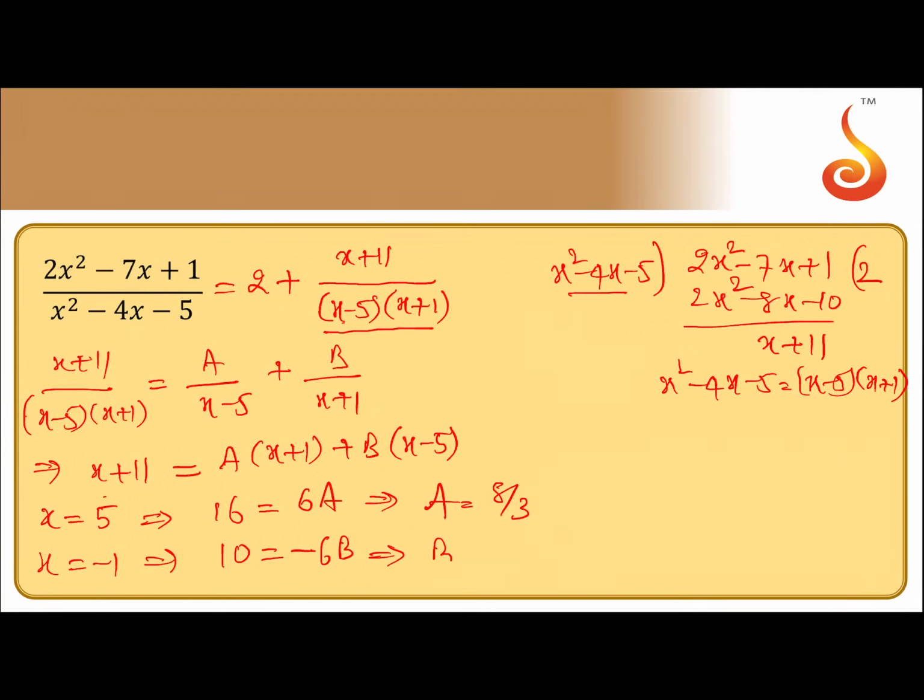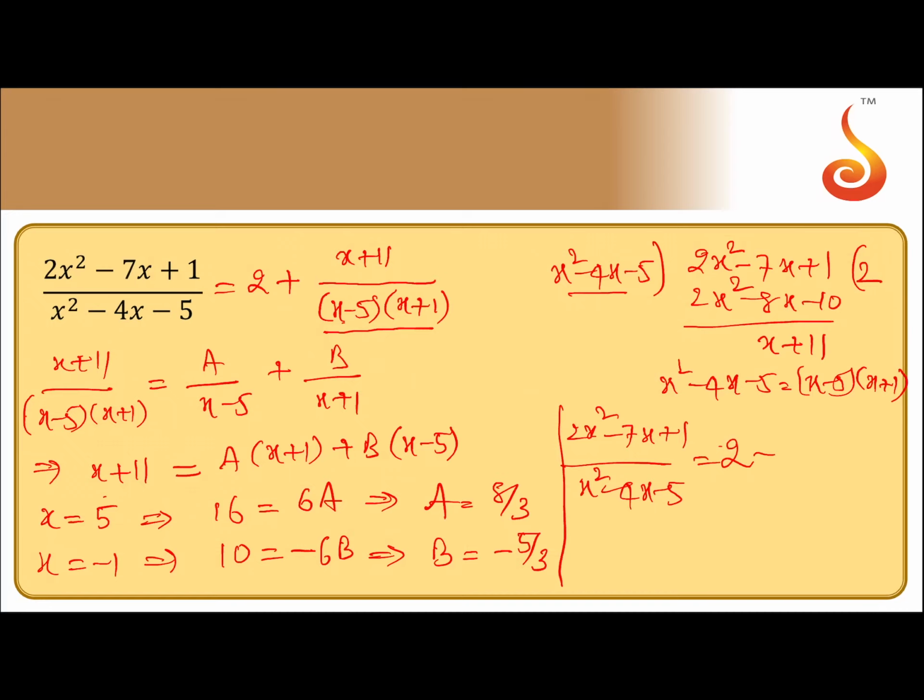So b = −5/3. So finally the partial fractions for (2x² − 7x + 1)/(x² − 4x − 5) are given by 2 + a/(x − 5) + b/(x + 1).